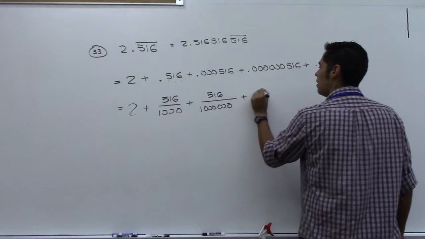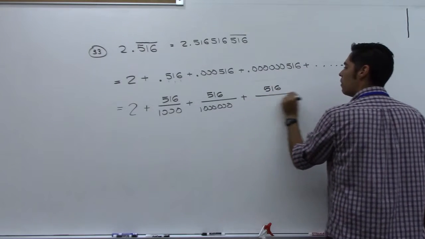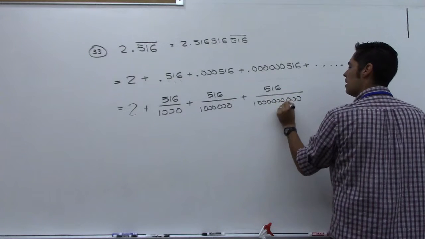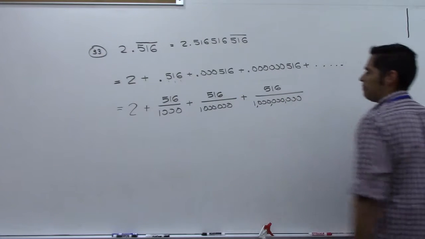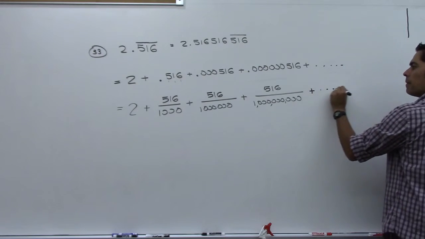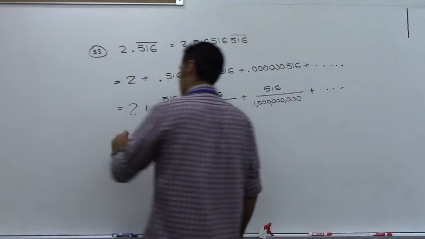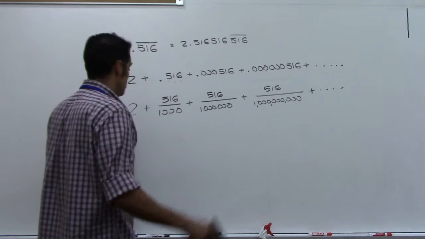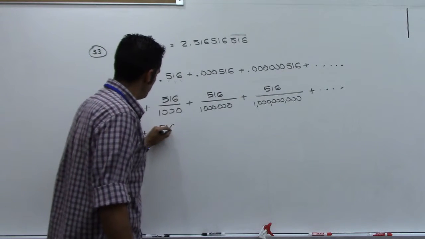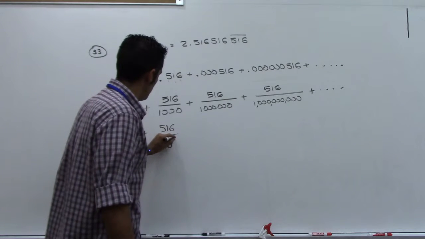And then 516 over 1, 2, 3, 1, 2, 3, 1, 2, 3. So what do we got there? 1 billion, and we keep going. Now this is just 2 plus 516 over 10 to the third.